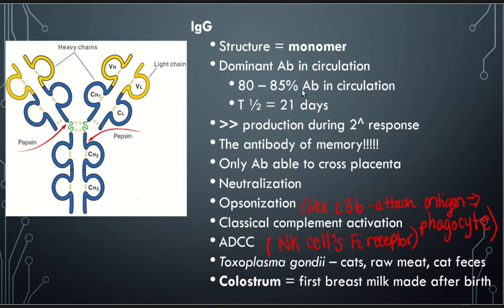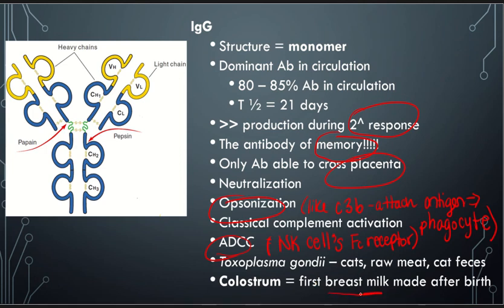So the big takeaways: when you see an antibody class referring to the memory response or a secondary immune response, or something about crossing the placenta, or opsonizing, or inducing ADCC, that's pretty much going to be indicative of IgG.